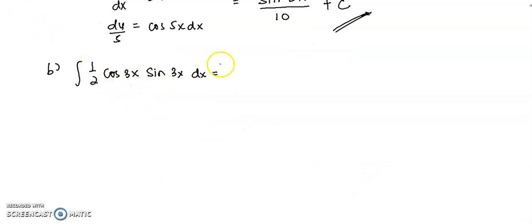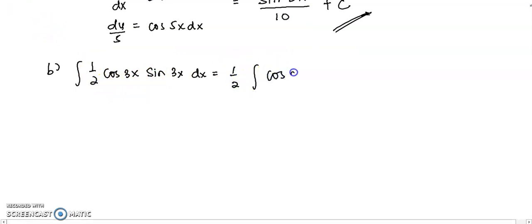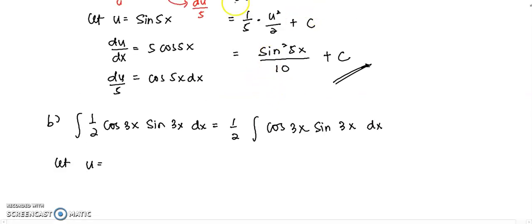For question B, I will factor out the 1 over 2 first. Then I have the integral of cos 3x multiplied by sine 3x dx. Here I need to represent u as cos. Just now I let u equal sine, right?